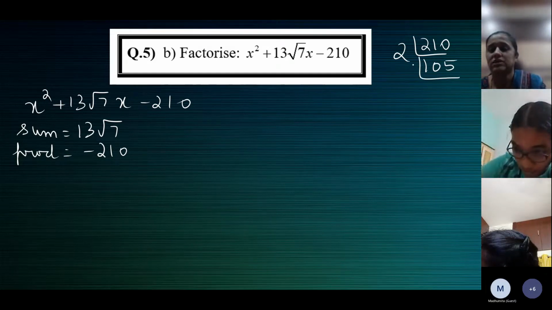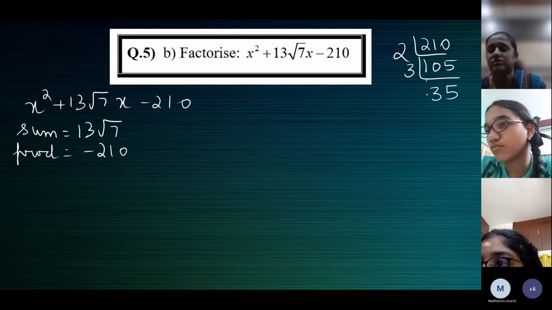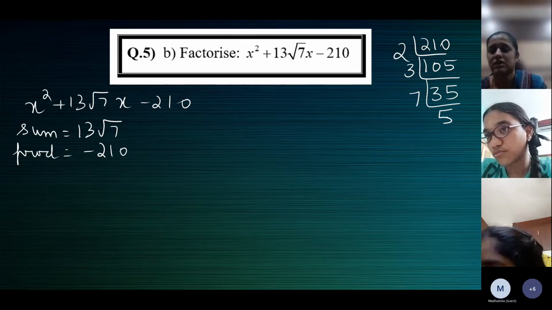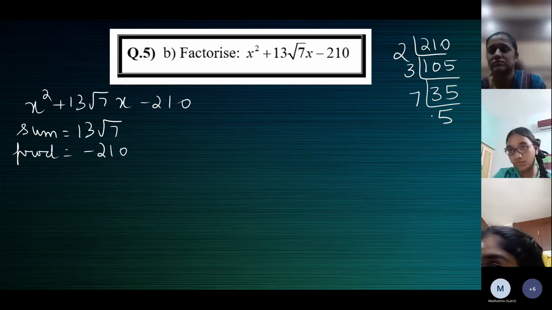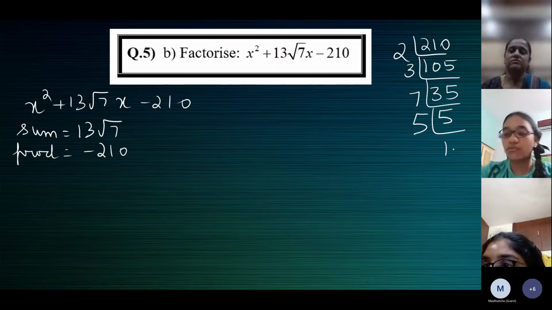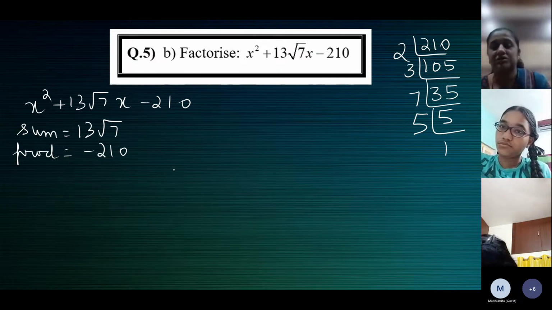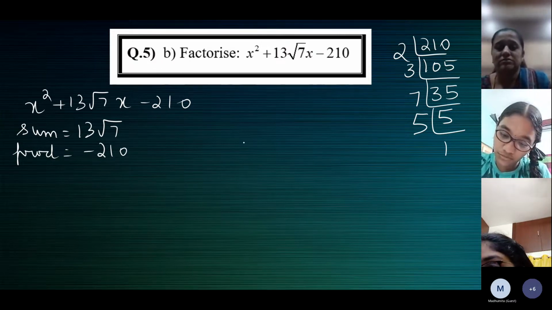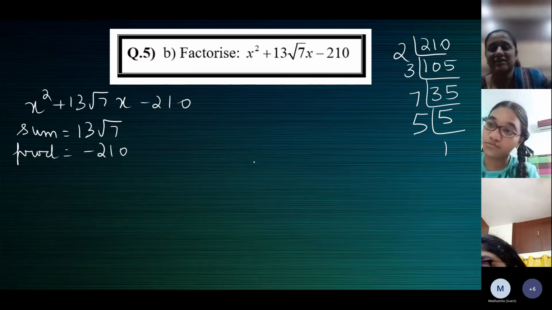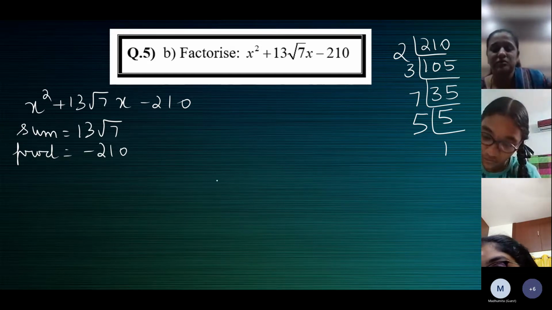Then 3. 35 times, ma'am. And then 7, 5 times, ma'am. You're right. Think a little more, Madhumita. You can find the factors. Please think a little more.